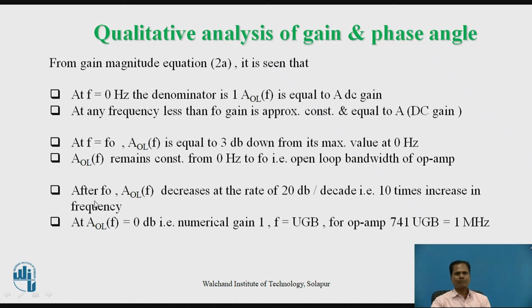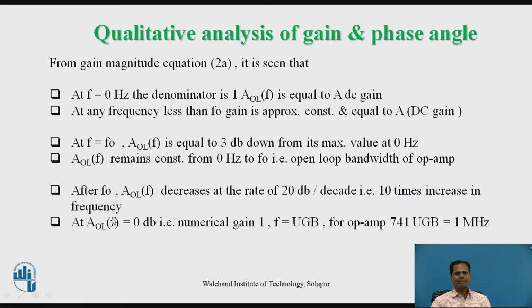After FO, the open loop gain as a function of frequency decreases at the rate of 20 dB per decade. That is, for a 10 times increase in input signal frequency, the gain decreases by 20 dB, at a constant rate of 20 dB per decade.